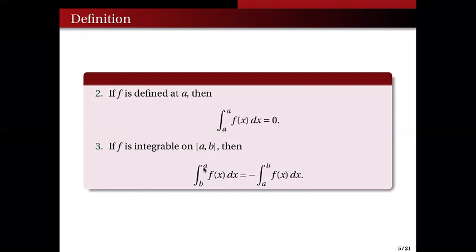If you interchange the location of these two numbers here, you have to take out a negative. So this guy, integral from b to a, and this guy, integral from a to b. The locations of a and b are interchanged, so you take out a negative.